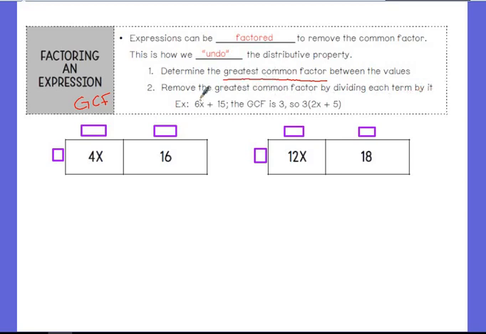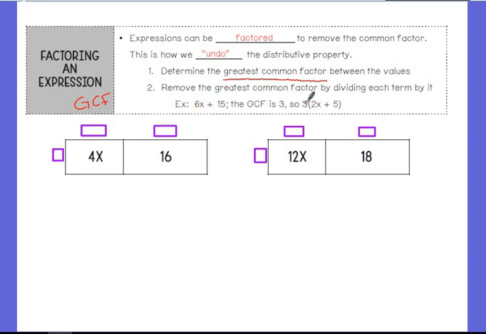So for our example, I have 6x plus 15. I know the greatest common factor between a 6 and a 15 is 3, because 3 times 2 gives me 6, and 3 times 5 gives me 15. That's the greatest common factor both of these have. So I can factor out a 3 from both of these terms.